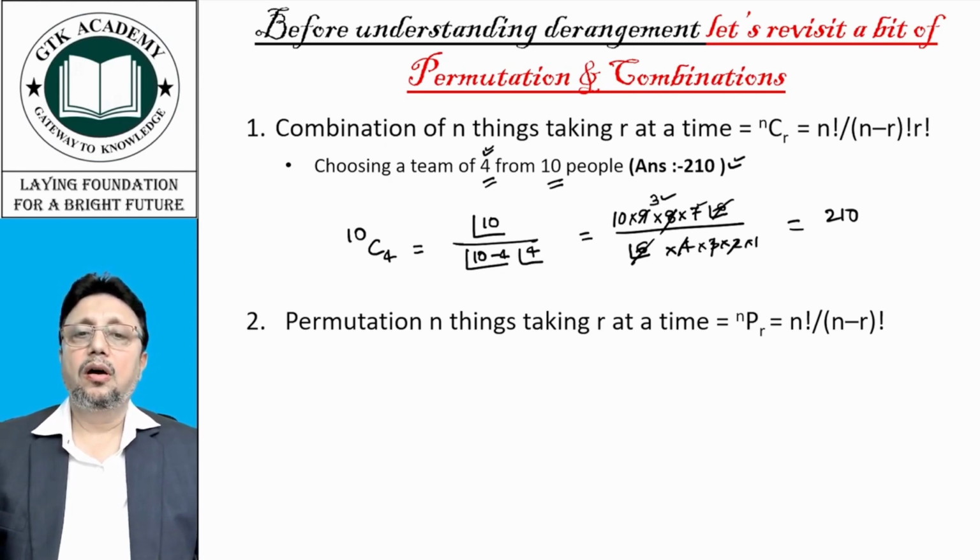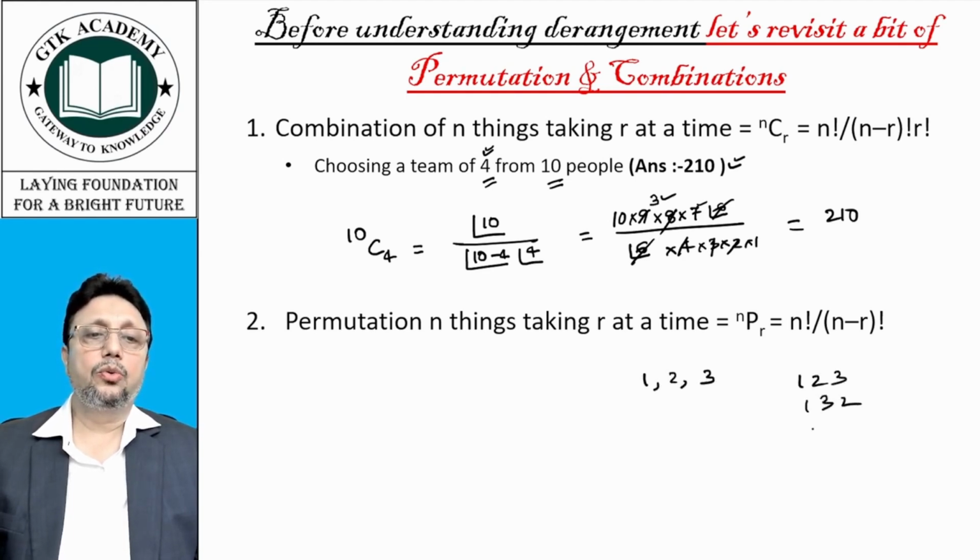That is called permutation. For example, we have 1, 2, and 3. So permutations are 1, 2, 3; 1, 3, 2; 2, 1, 3; 2, 3, 1; 3, 1, 2; 3, 2, 1. These are called permutations.